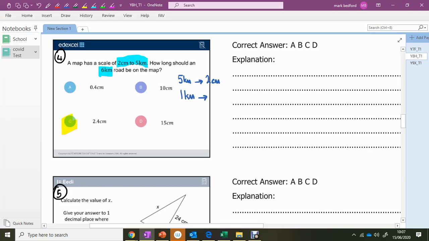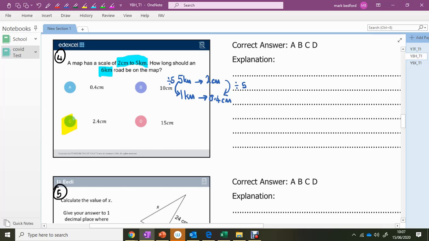1 kilometer is 5 times less than 5 kilometers. So in other words, if I took the 5 kilometers and divided it by 5, I'd get 1 kilometer, which is what I'll also have to do for this side. Take the 2 centimeters, divide that by 5, and you'll be left with 0.4 centimeters.